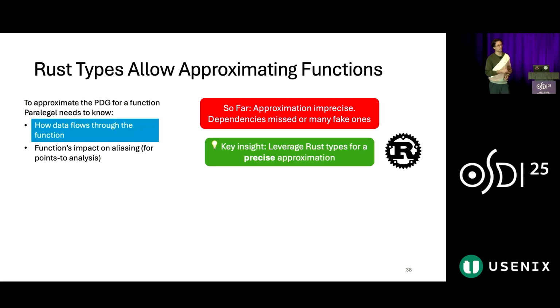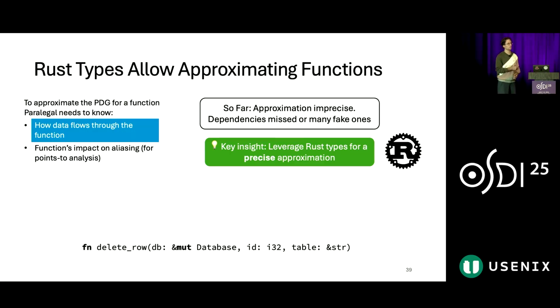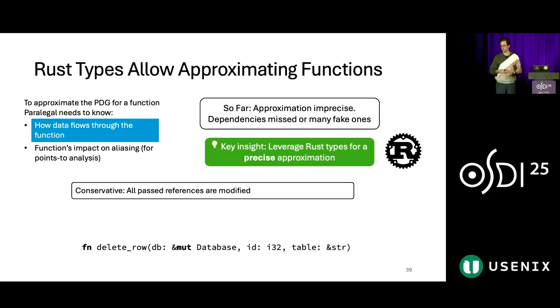I'm going to show it to you on this first question on data flow and on the example of the delete row function, for which I have here filled in the actual types. So the conservative approximation of how data flows through the function is to assume that all of the references passed to this function could be modified by this function.